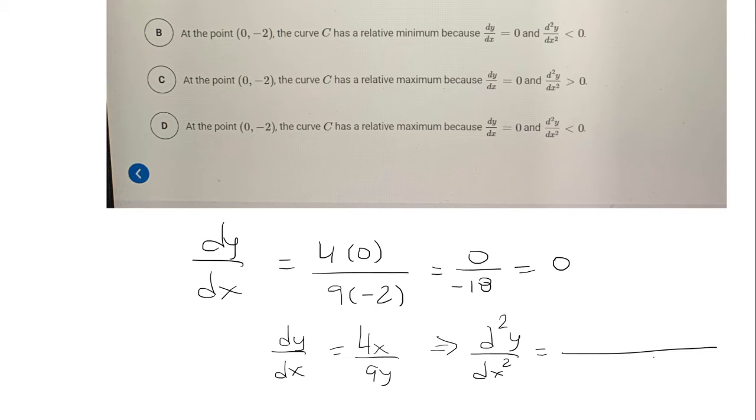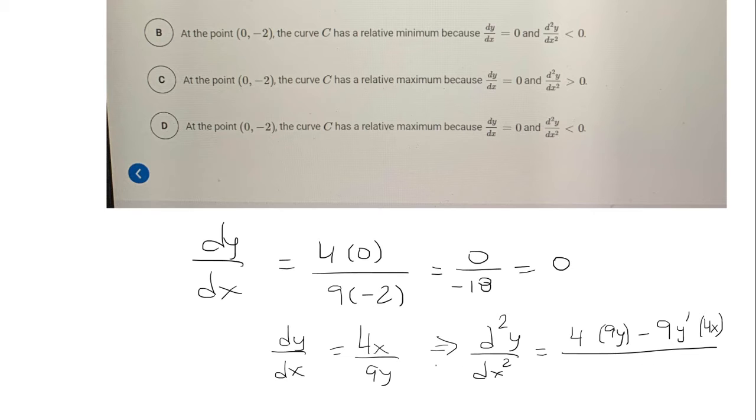This one we have to use the quotient rule. So first take the derivative of 4x, multiply that by the denominator, minus take the derivative of the denominator, and this one will be 9 times the derivative of y, which is dy over dx, or you can just put it as y prime, times the top, which is 4x.